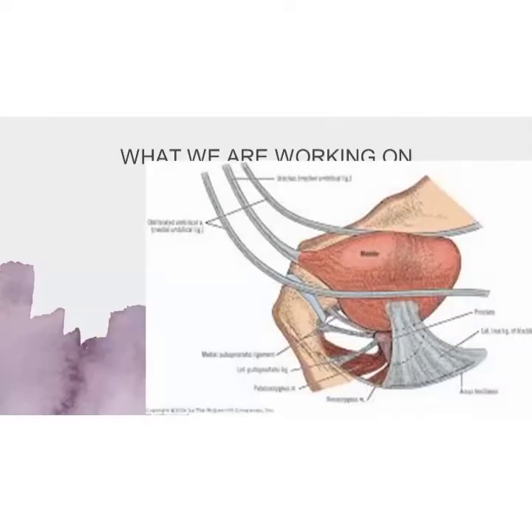Coming to the relations of the urinary bladder. So this is the apex of the urinary bladder. See, the apex of the urinary bladder is attached to a ligament called the median umbilical ligament. Median umbilical ligament, which is representing the obliterated embryonic urachus.